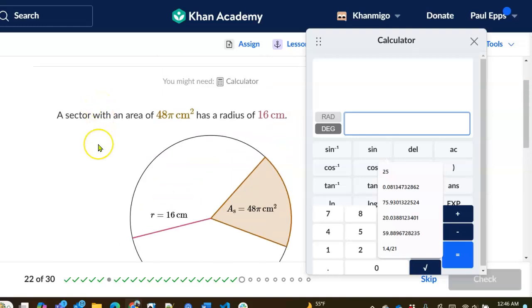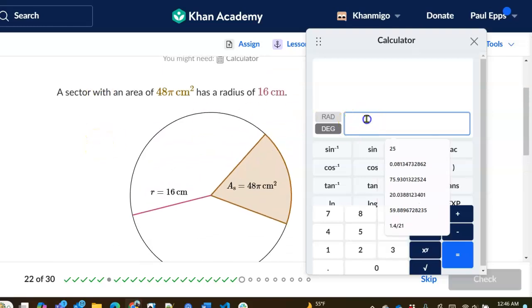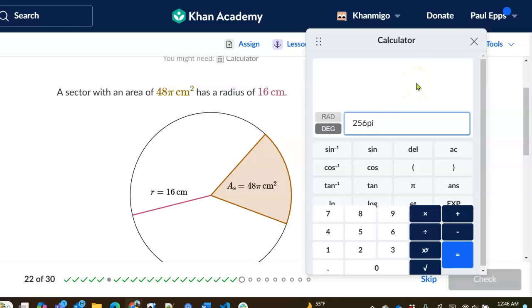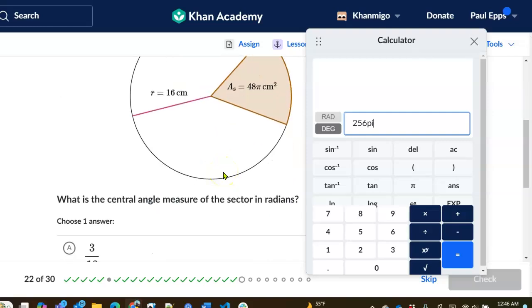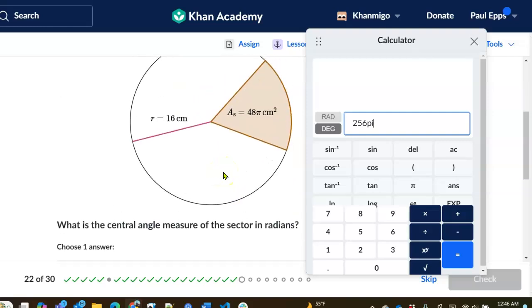So the area of the whole circle is pi r squared, which is 256 pi. We square the radius. And then, what are we trying to get? Oh, central angle measure in radians. All right.